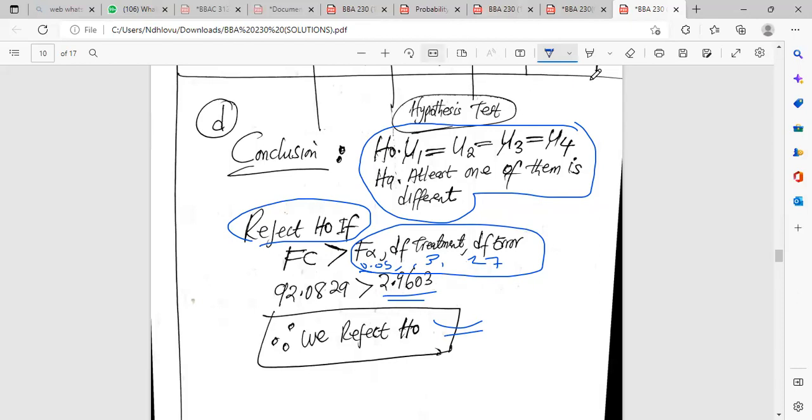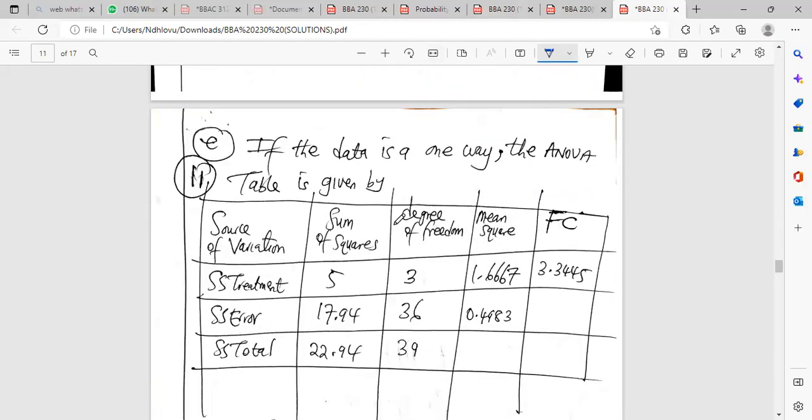All right. So now, if the data was one-way ANOVA, it's the same presentation, except that it's a 5 there. The total still remains the same. So the error will be the difference between those, meaning that the blocks should not be there for a one-way ANOVA. They are not supposed to be blocks. So you're getting 17.94, which is error.